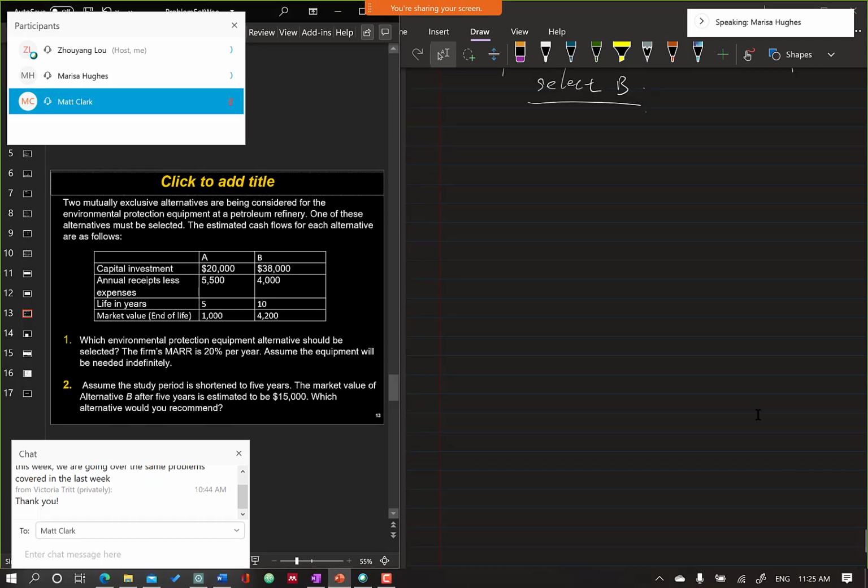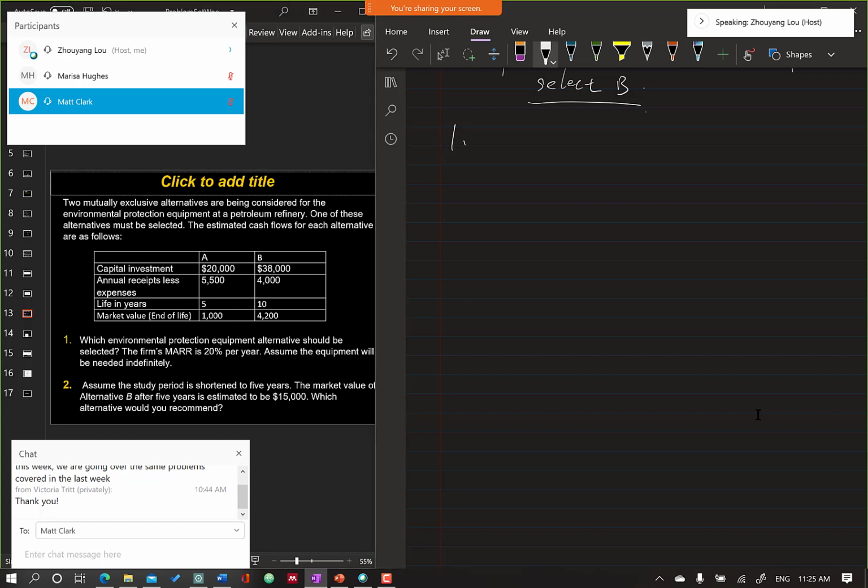Okay, cool. Let's just get started. It's asking us to compare 2 different projects, and we can start with the first question here. We have this assumption: assume the equipment will be needed indefinitely, and given we have unequal life years for A and B, A is 5 years, B is 10 years, that is equivalent to the repeatability assumption.